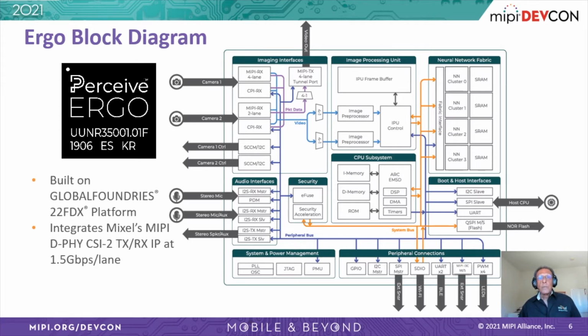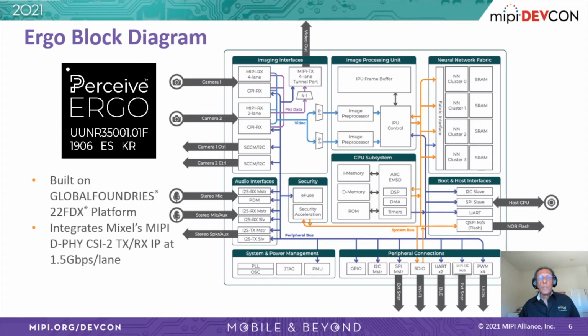Let us now go to the brain of the Ergo. This is the neural network fabric you see in the top right-hand corner. The Ergo chip supports several neural network clusters, which allow it to simultaneously run multiple neural networks and support multiple input data types. For example, processing audio and video at the same time.